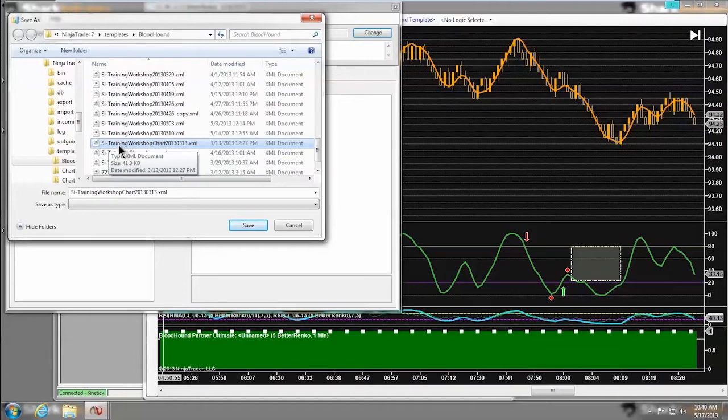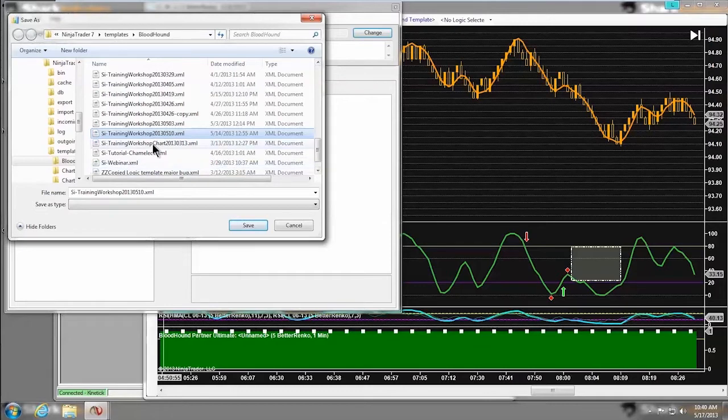Oh, this template got put in the wrong directory. It can be kind of confusing on our website, as most of you know. I have BloodHound template files and also chart template files, and they're named the same, so that if you load the chart template file, you'll know what BloodHound template file corresponds with it.